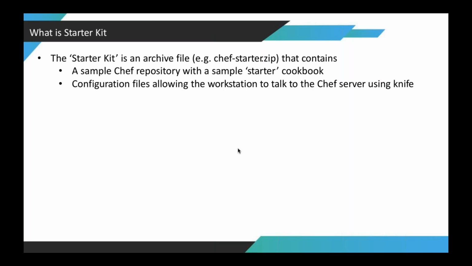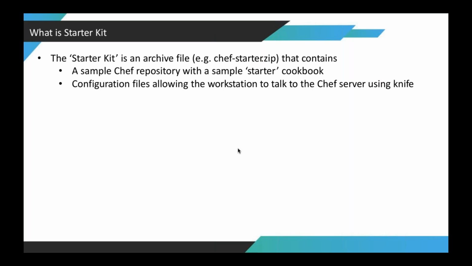So this starter kit contains all the things which are required for you to start with an organization. It has a PEM file which allows knife to authenticate to the Chef server, so that the Chef server knows that these configurations have to be accepted from this workstation.